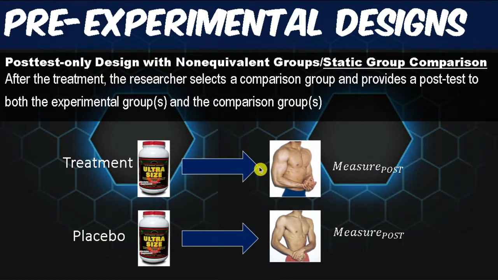If this group perhaps has a better muscle development, then we say that that's due to perhaps the pill. But again, the problem with this design is you did not involve a pretest, an initial measure, and that the two groups in the initial stage of the experiment, you did not establish that the two groups are equivalent, and that's a threat to internal validity.